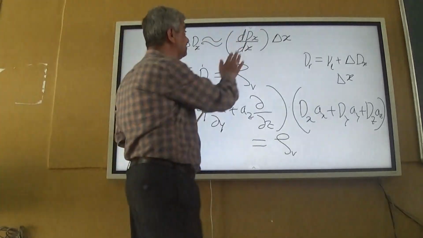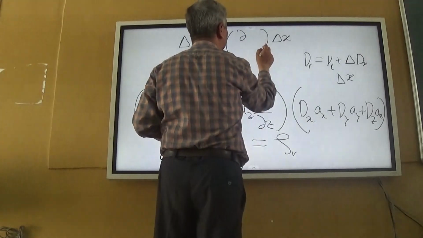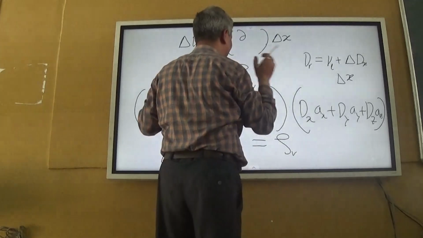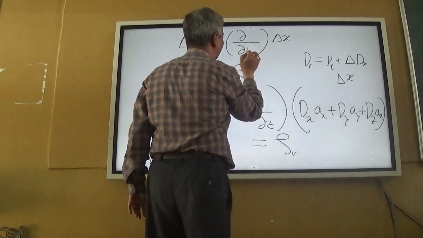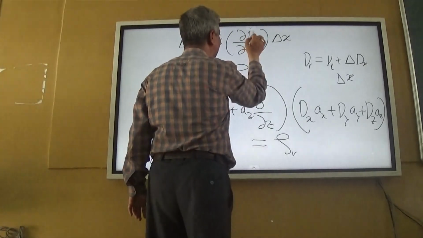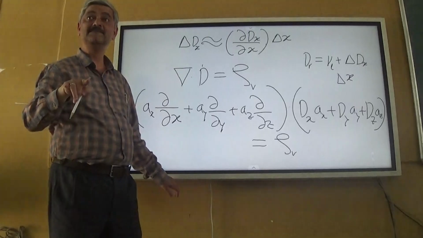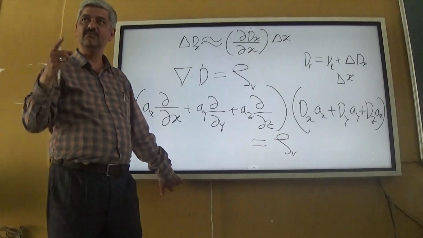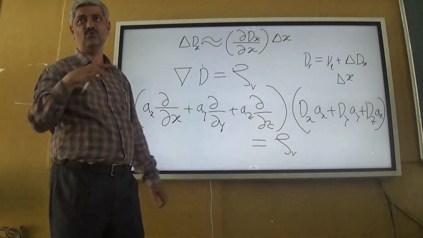However, why does this d change to delta? So del, partial del, confusing this curly d: del Dx by del x. What is the reason? Because the other things are constant at that time.